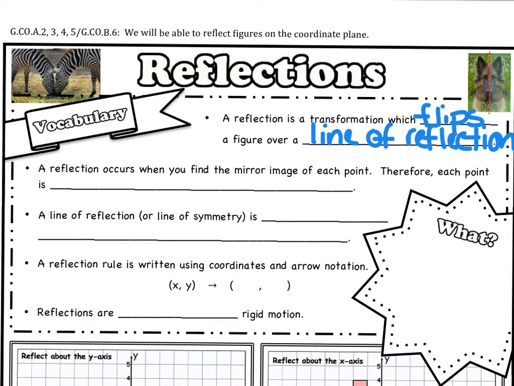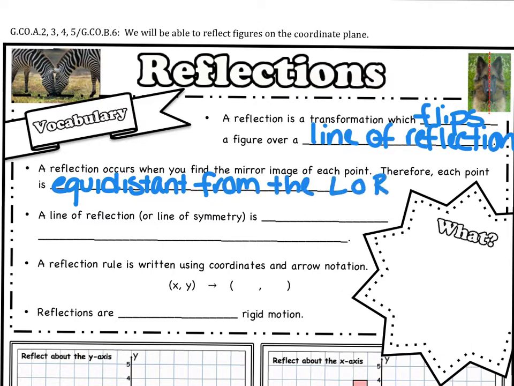Therefore, each point is equidistant from the line of reflection. And I can't fit all that on here, so I'm just going to abbreviate line of reflection as LOR.